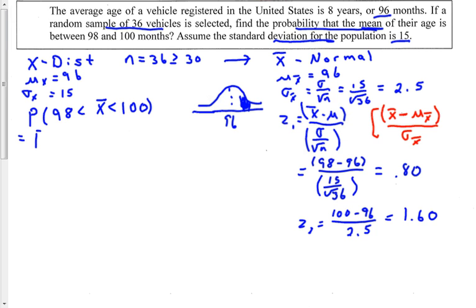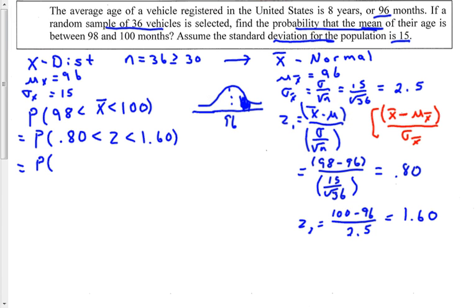So going now to the standard normal area, it's the probability that a z-value, a z-score, is between 0.80 and 1.60. When you're between, you have to do that subtraction concept.